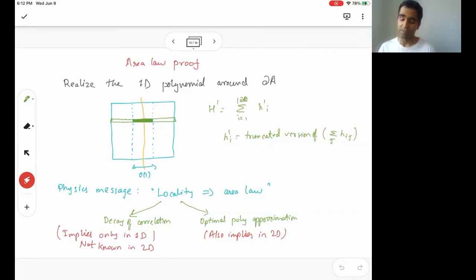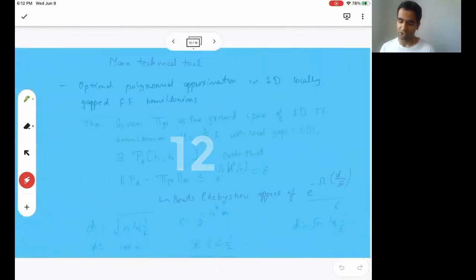So this H was my original Hamiltonian. My new Hamiltonian is H prime, which is a sum over these column terms. And H prime is basically a truncated version of the Hamiltonian that was sitting on each row. So once we have that, we have an effective 1D Hamiltonian, and we can employ this construction.